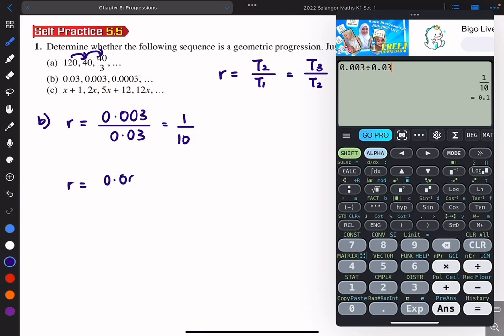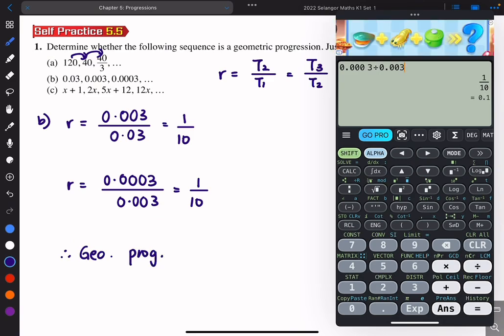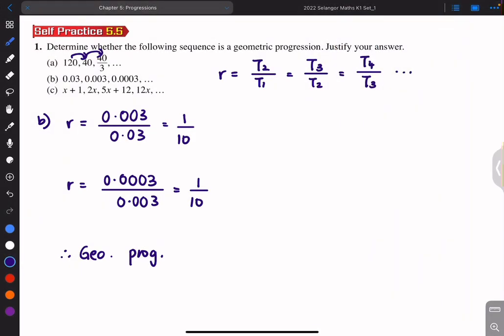So 0.0003 divided by 0.003. We get the same value as well, 1 over 10. So this is also a geometric progression, because R is a constant, or you can say R is the same. Done.